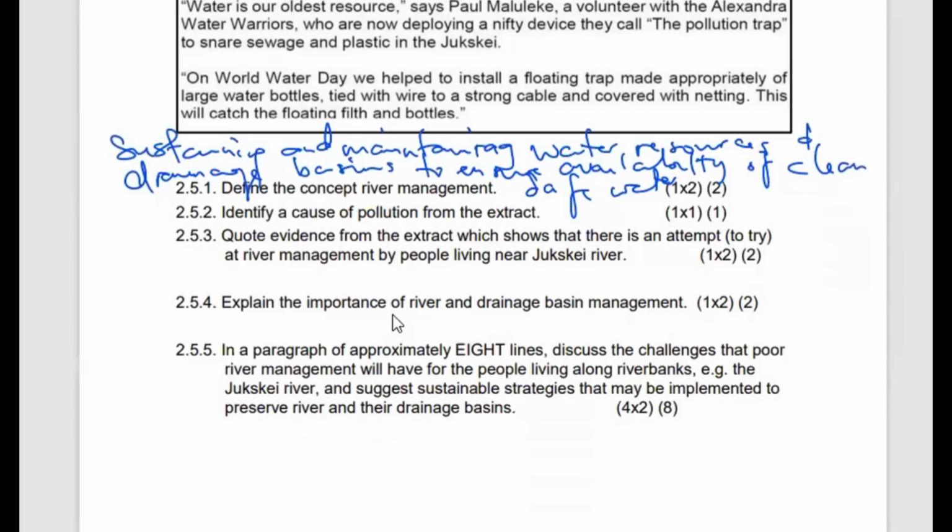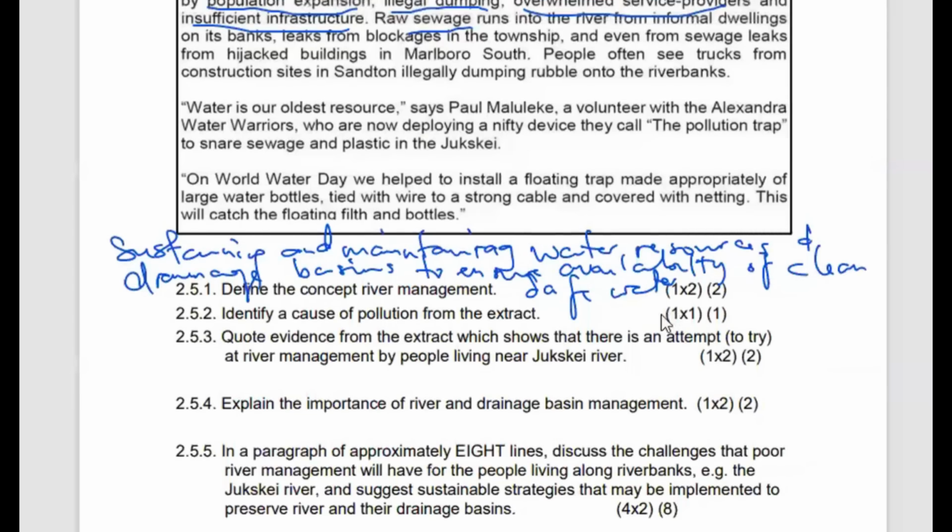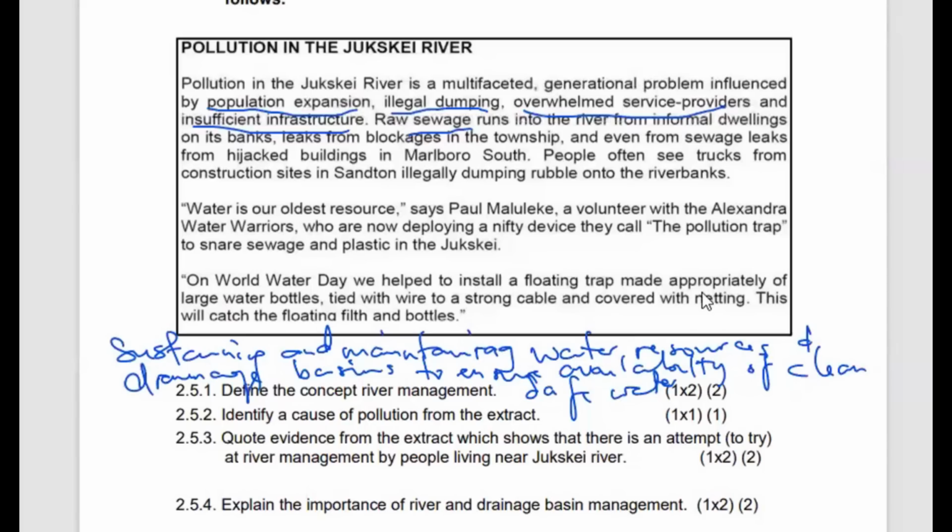Right, moving on to the next question, 2.5.3. It says, quote evidence from the extract which shows that there is an attempt at river management by people living near the Jukskei River. Right. If we check the evidence that we have, it says leaks from townships, even sewage leaks from hijacked buildings in Marlboro South.